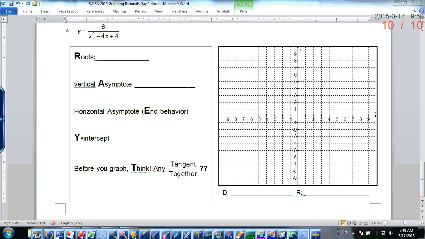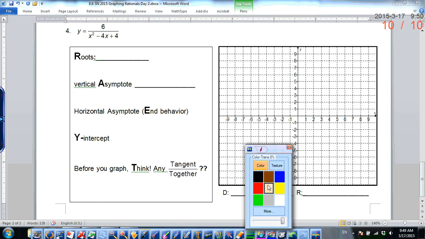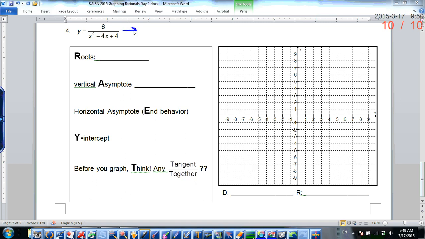All right, how does the denominator factor? Good. 6 over x minus 2 squared. Now we're going to get to see what happens when we have one of these squared factors.